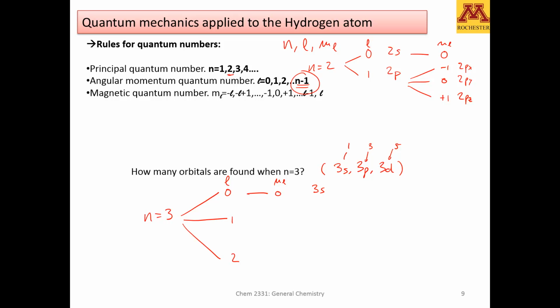When l equals 1, m sub l can be negative 1, 0, plus 1. That's what we found: the 3px, 3py, and 3pz. And when l equals 2, m sub l can go negative 2, negative 1, 0, 1, and 2. There you go, you've got the 5 orbitals from the 3d. Hopefully that makes some sense. We will practice more in class.